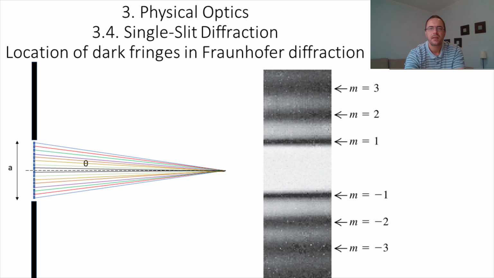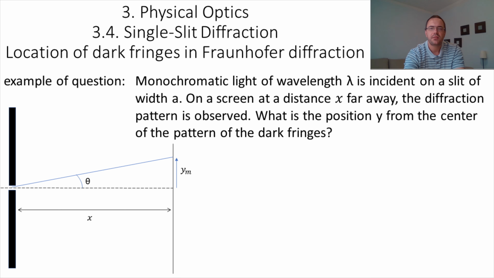Now, before we continue, let's do an example question. Let's imagine you have a monochromatic light of wavelength lambda that is incident on a slit of width a. On the screen, at a distance x far away, the diffraction pattern is observed, and the question is, what is the position y from the center of the pattern of the dark fringes?